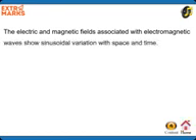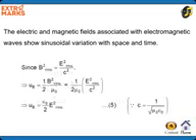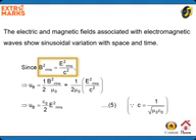The electric and magnetic fields associated with electromagnetic waves show sinusoidal variation with space and time. Therefore, E and B must be replaced by their RMS values in equations 1 and 2. Since B_RMS squared is equal to E_RMS squared by c squared, therefore, UB is equal to 1/2 ε0 E_RMS squared.